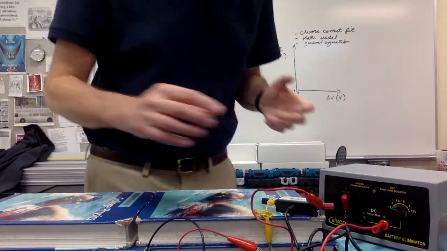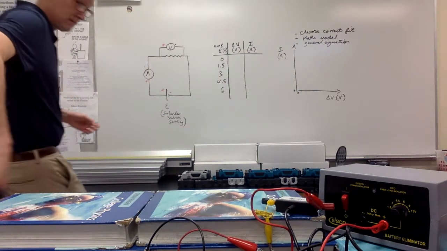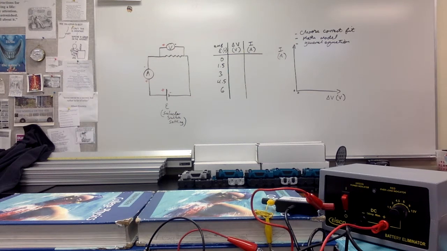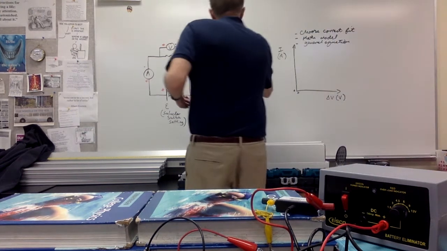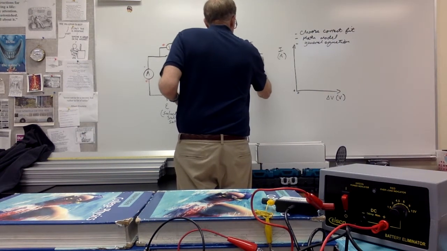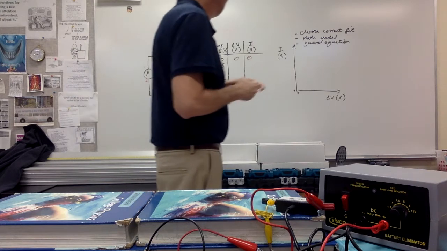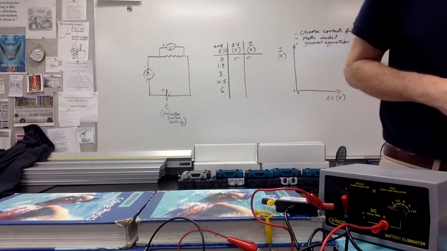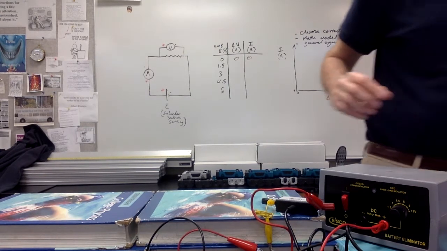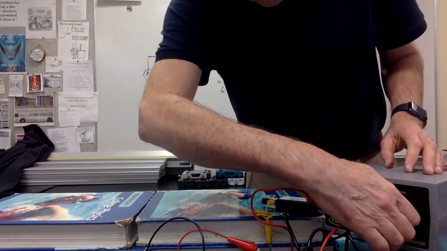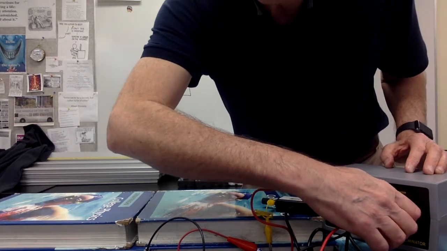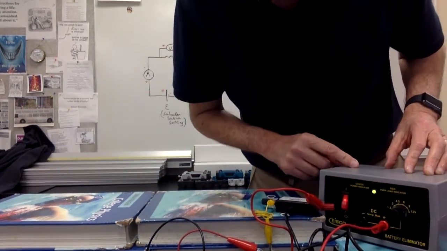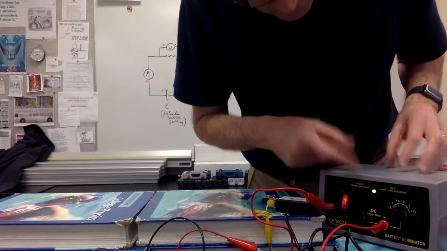And so we're going to start collecting data. Our first data point is very simple. When the thing is not on, you have 0 volts and 0 amps. Whoops, this just went off on me. Okay, now I'm going to turn it on, and you can see a little green light came on.